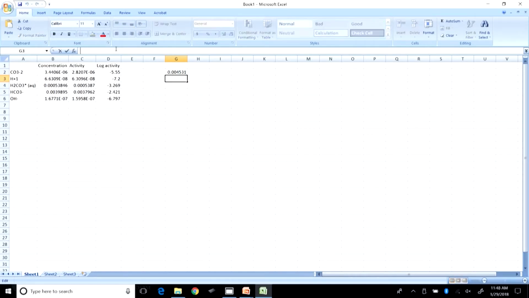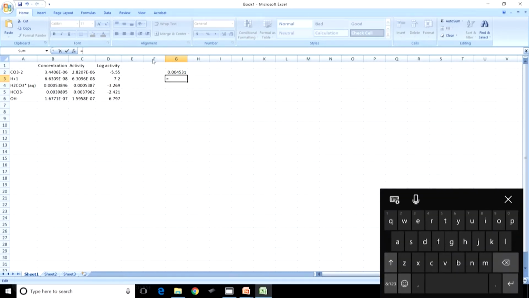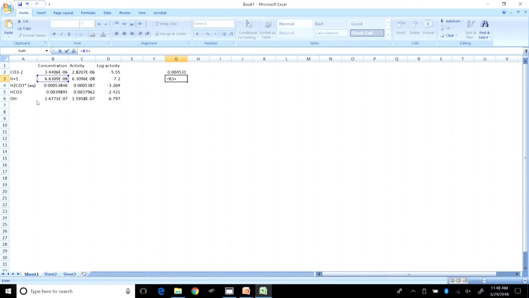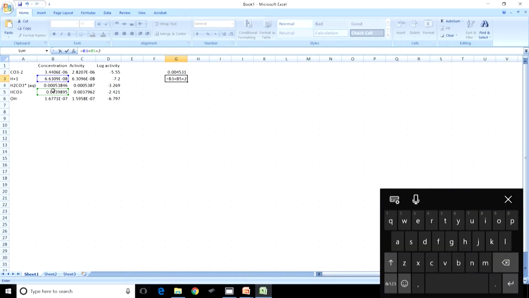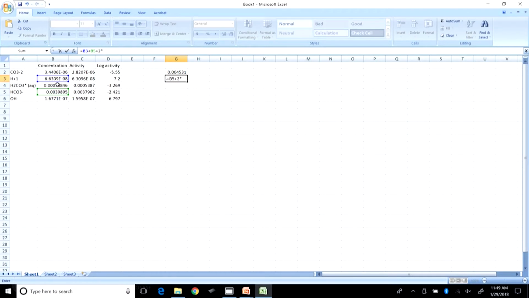So that is equal to H plus, HCO3 minus plus 2 times H2CO3 minus OH minus. So, what do we have here? We have H plus, plus HCO3 minus plus 2 times H2CO3 minus OH minus, right.